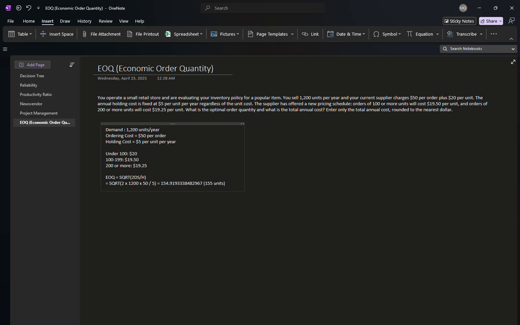That puts us in the 200 plus range, which means that we're going to be applying the $19.25 for the unit cost. So let's do the total annual cost next. The total annual cost is equal to the purchase cost plus the ordering cost plus the holding cost.